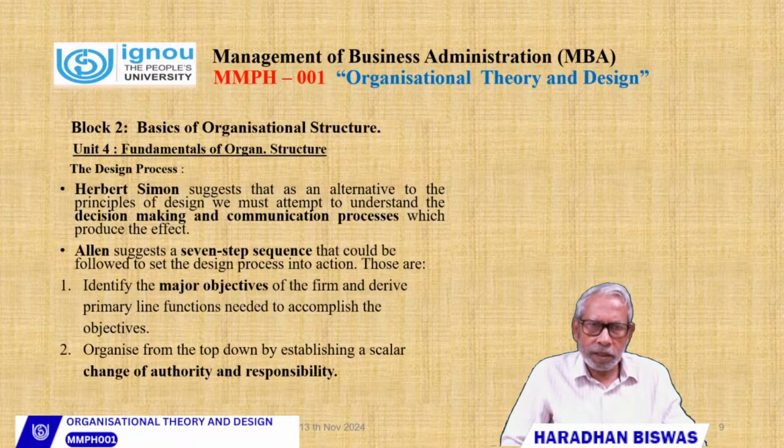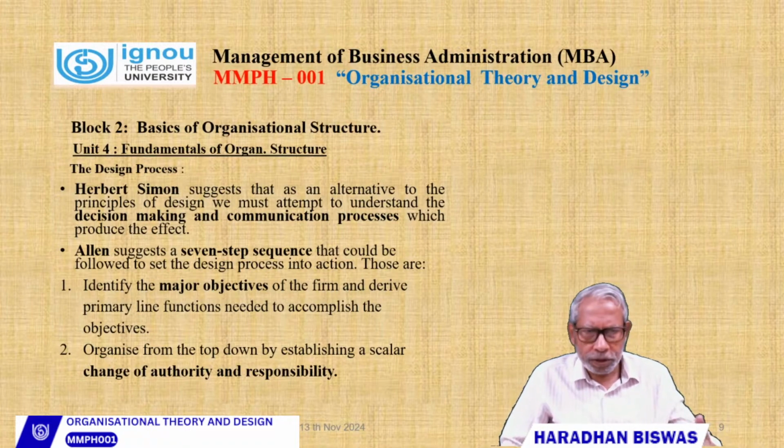So objectives should be there, and all the objectives should be channelized. Then two, organize from the top down by establishing a scalar chain of authority and responsibility. So from the top to bottom, authority and responsibility have to be established.